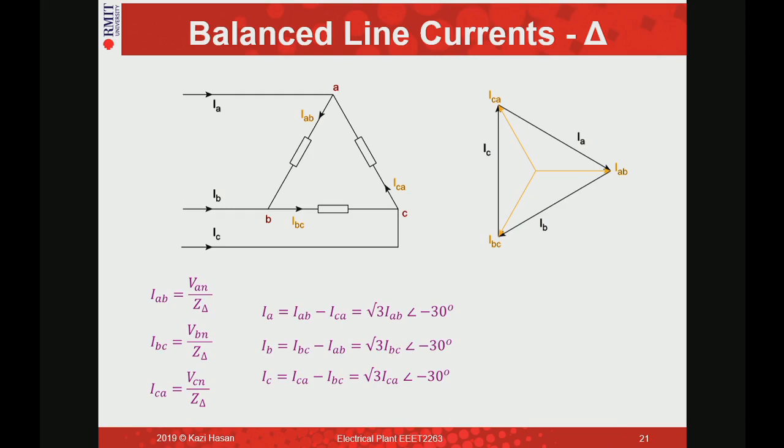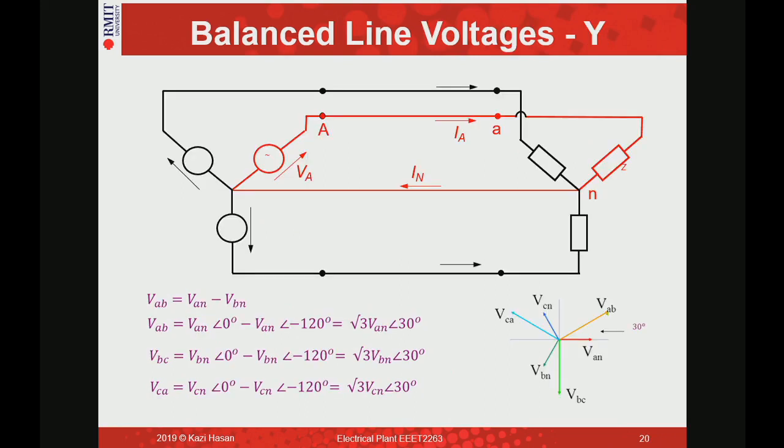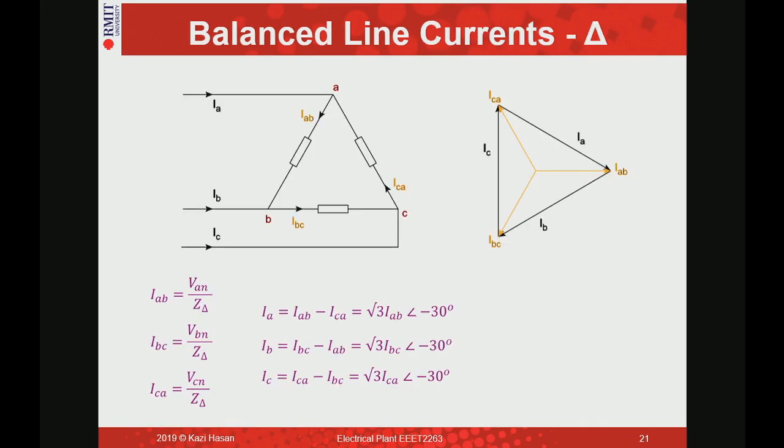Because we have derived here, for the Y-connected circuit, line current and phase current are the same. Line voltage and phase voltage are not the same. This is the relationship, so this is for your review again. And this is again for your revision: in delta, phase voltage and line voltage are the same. Phase current and line current are not the same. This is the relationship.